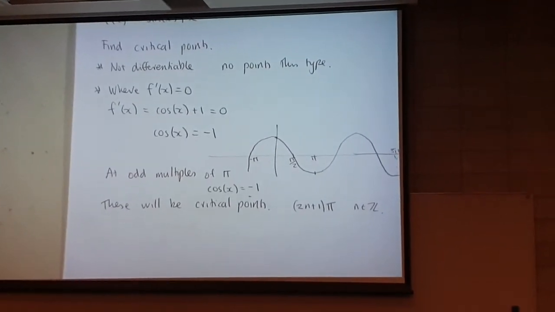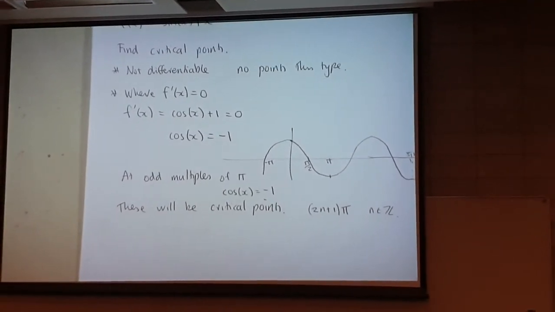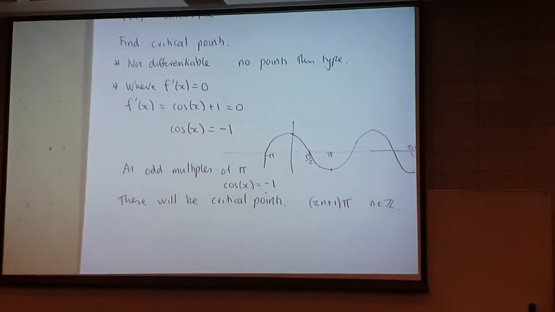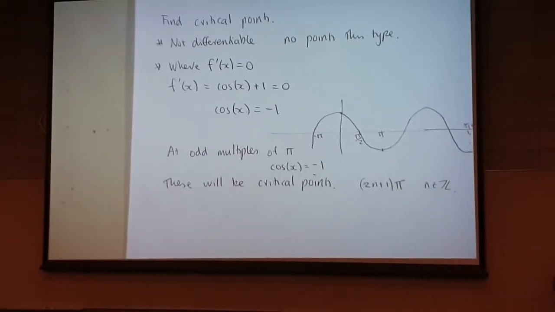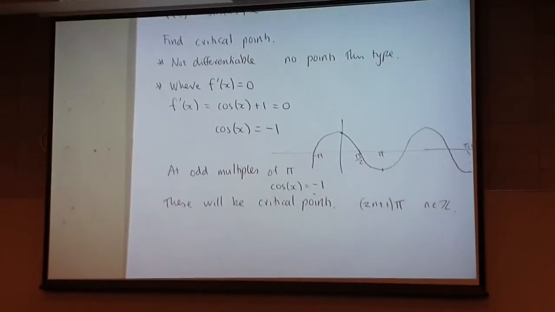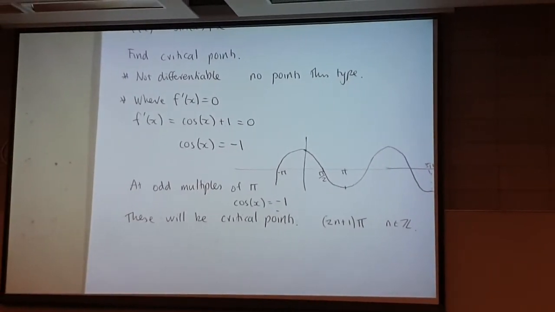If it's negative on the left and positive on the right, it's going to be a minimum. If it doesn't change sign, so if it stays positive on both sides or stays negative on both sides, it's going to be neither a maximum or a minimum.